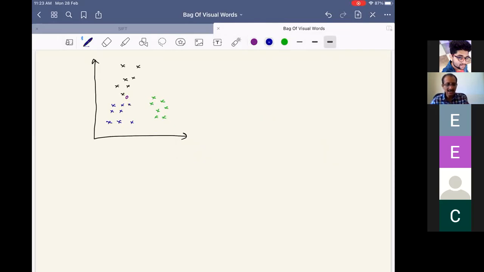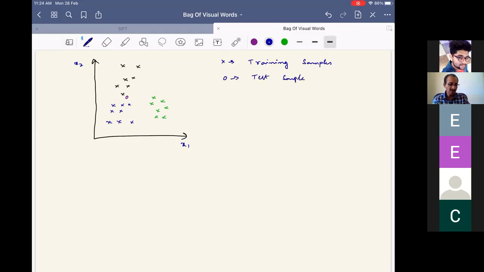If I see the nearest neighbor for this test sample, what are these axes? X1, X2. So X1, X2 refer to features of the samples. And what do all these crosses correspond to? Samples. Which samples? Training samples. And what does the circle correspond to? The test sample.